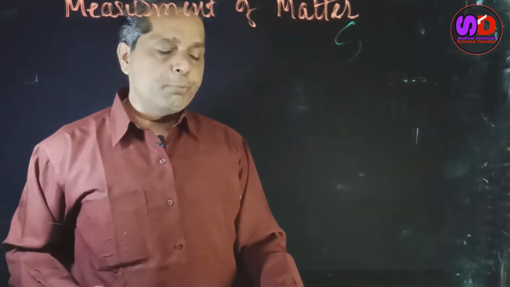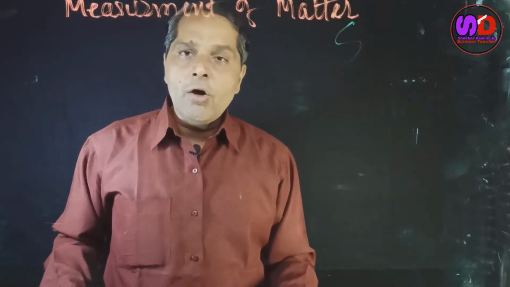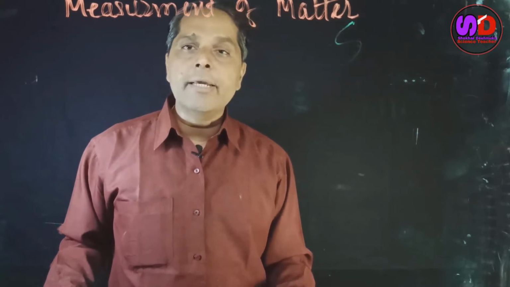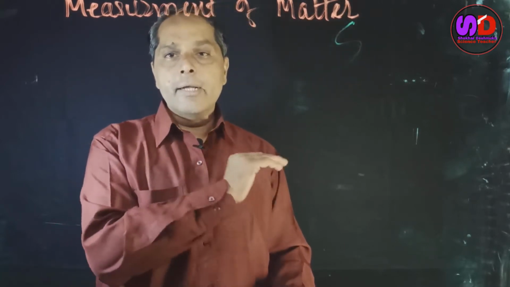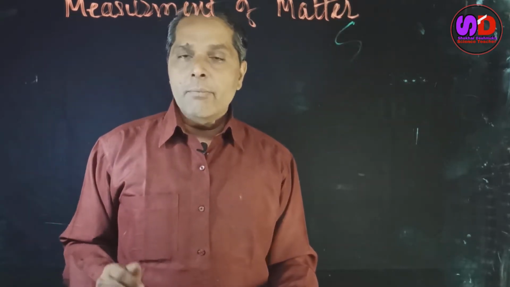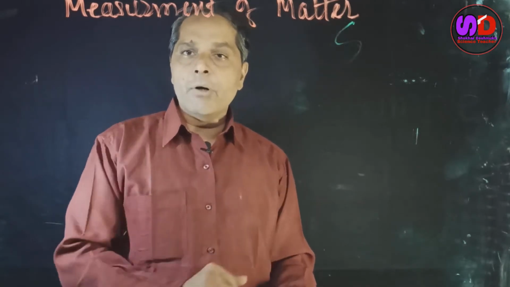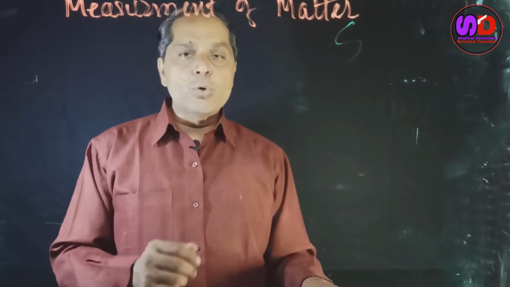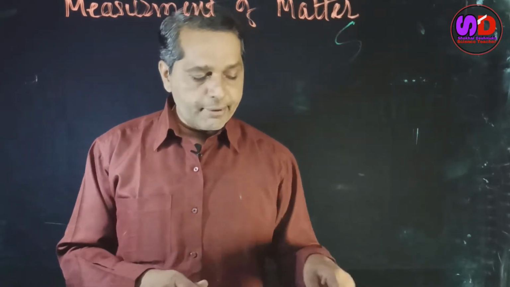Here we are going to prove the law of chemical combination by using known compounds. We take the molecular formulae of known compounds and try to prove the law of chemical combination.